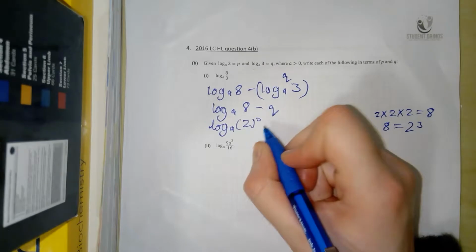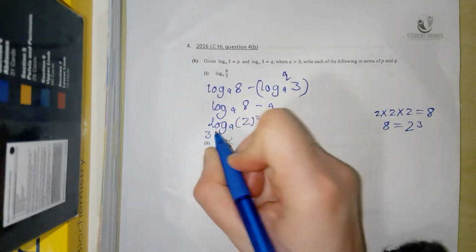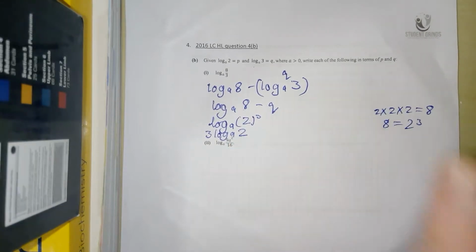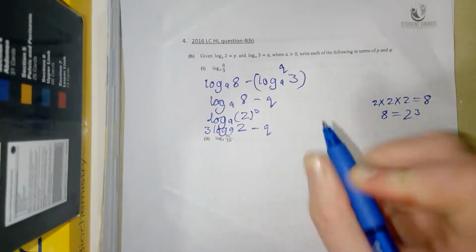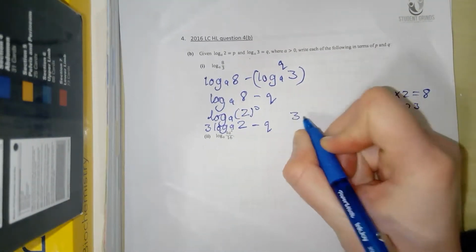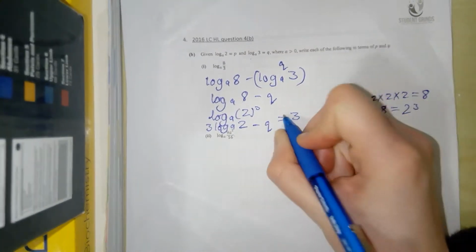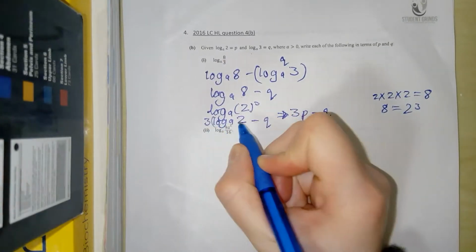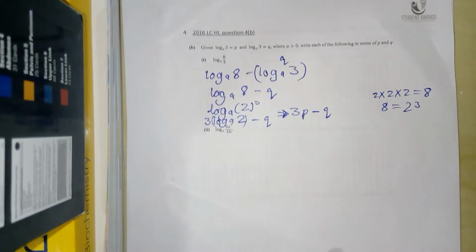So we can write this as 3 log a 2 minus q, but log a 2 we know is p, so our answer is 3p minus q.